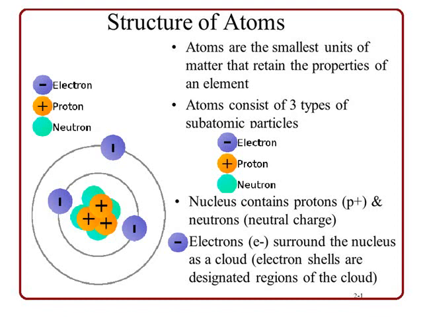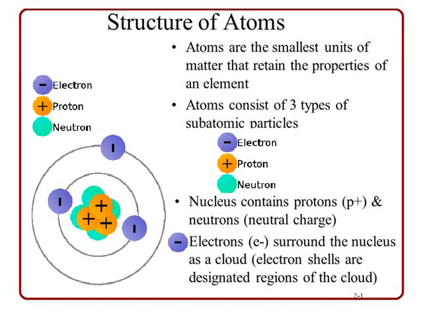When you look at the diagram here, it consists of a center part, and this center part has a plus sign and also some green color, and that part is the center of the atom. The center of the atom is called the nucleus.